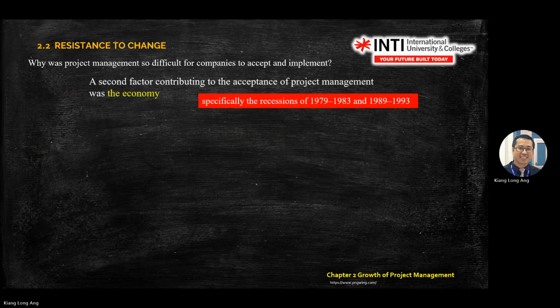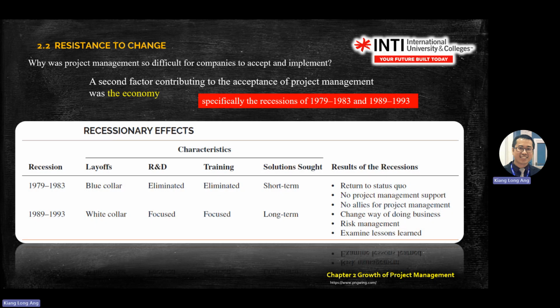So the second factor in the acceptance of project management is the economy. You can see that there were recessions in 1979, the 1980s, 1989, and 1993.